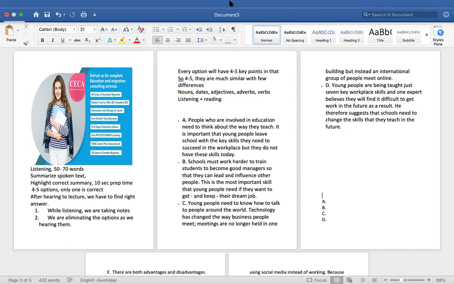When most global companies have a problem, they create teams of people from all over the world to solve it. And these people meet online in virtual meeting rooms. To succeed in this kind of environment, you need to be a good communicator and understand different cultures. Teams also need good leaders who lead by influencing others, but Wagner and the business people he interviewed say that young people today are unprepared for teamwork and leadership. Because of this, Wagner thinks that people involved in teaching and learning must rethink the way that they educate people in schools so that these young people have the skills they need to achieve a successful career in the 21st century.